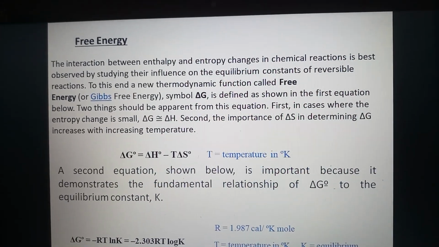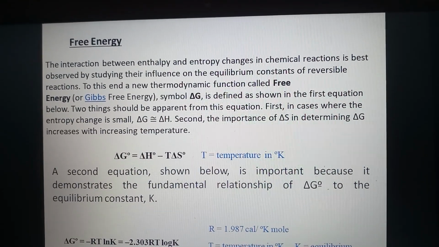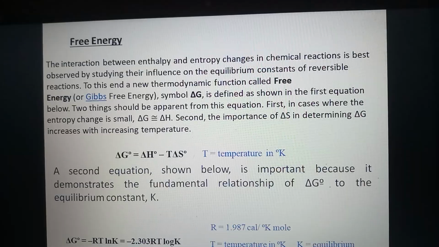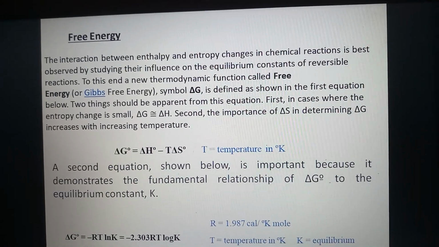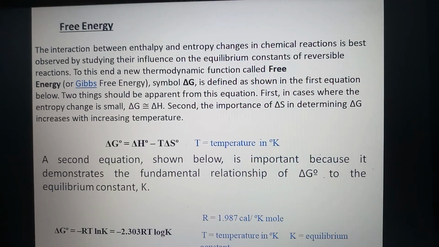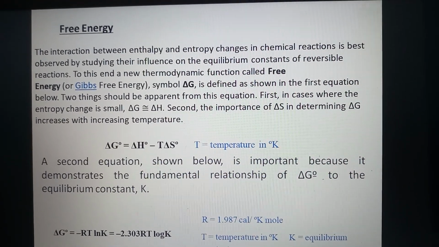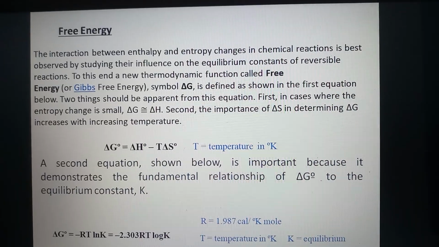Here, two things should be apparent from this equation. First, in cases where the entropy change is small, delta G is nearly equal to delta H. Second, the importance of delta S in determining delta G increases with increasing temperature.